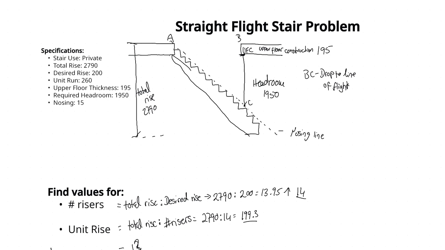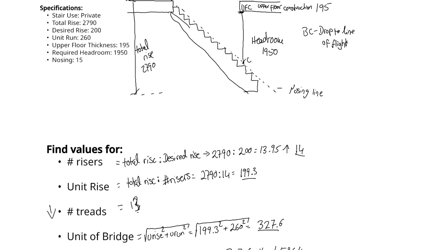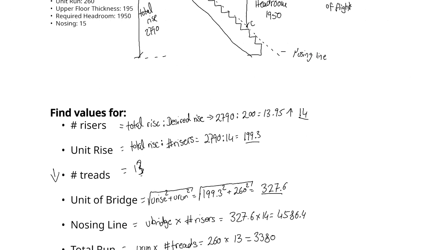From there, we figure out the number of risers, so total rise divided by desired rise. That number we have to round because we can't have one step that is an awkward number. Round up or down, always be mindful of code requirements. And then the actual unit rise, again, is your total rise divided by the number of risers, which gives you the actual number.